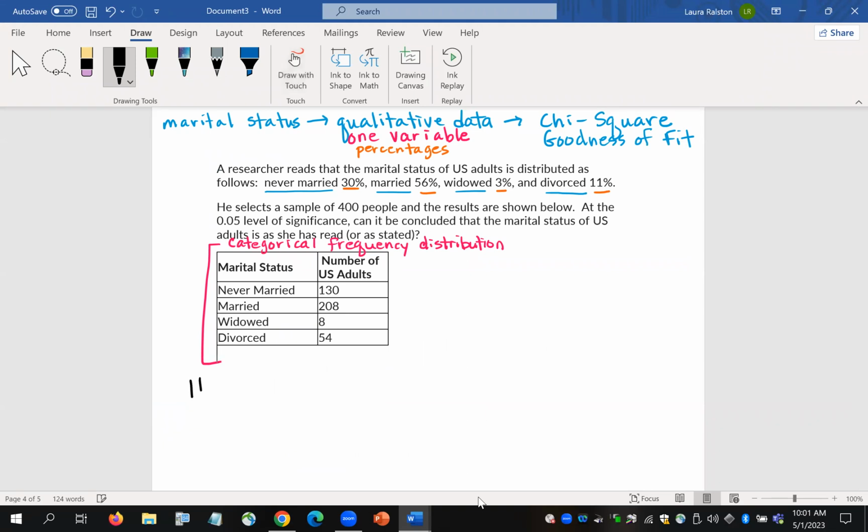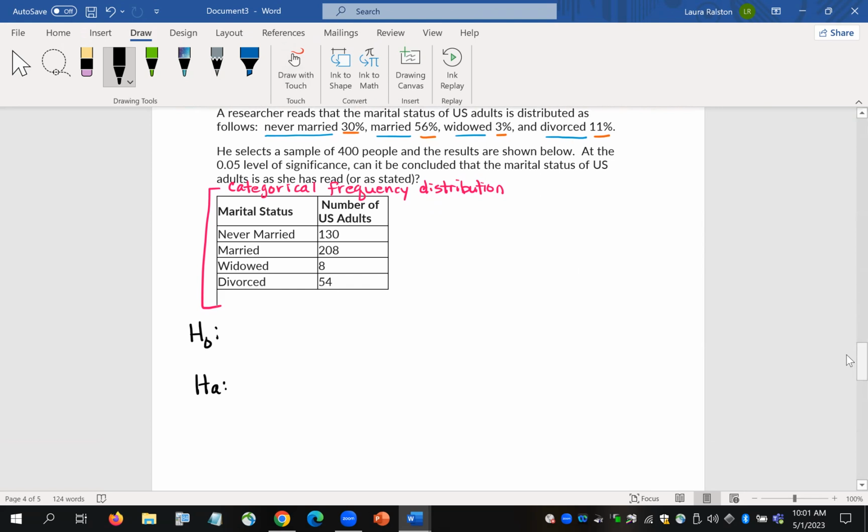So we begin any hypothesis test by stating our hypotheses. In this scenario, your hypotheses are stated in words, but the words that you use in the null have to imply that it's equal or the same.